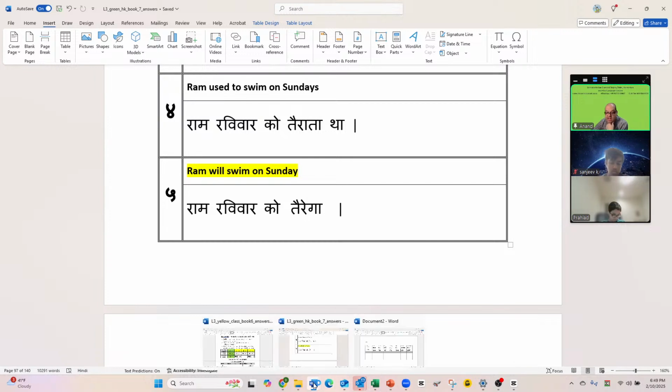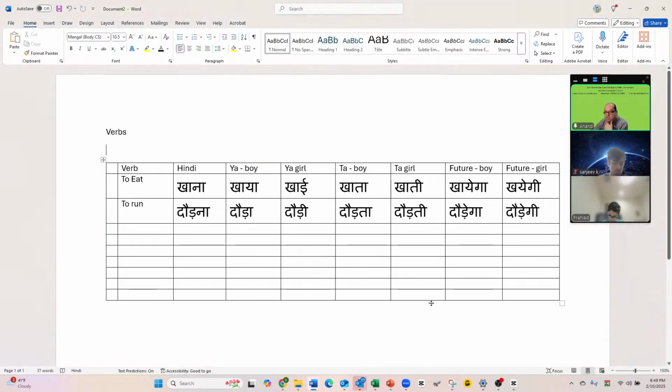Also, this chart which I mentioned. I'll send this chart in an email because it's not in your book, but you will handwrite it in your notebook. Draw this table in a notebook, and then I'll write 18 more verbs. So I want you all to do 20 verbs in all.